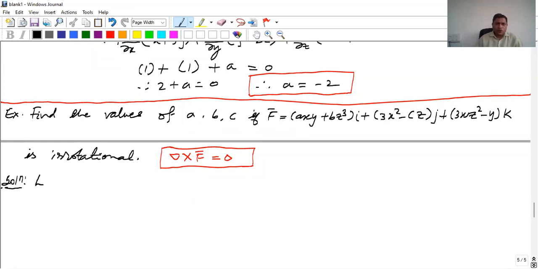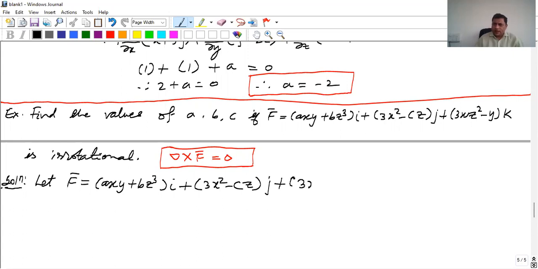Let F bar is equal to (axy + bz³)i + (3x² - cz)j + (3xz² - y)k be the irrotational vector.